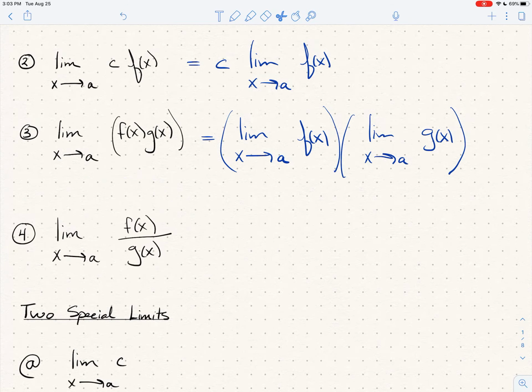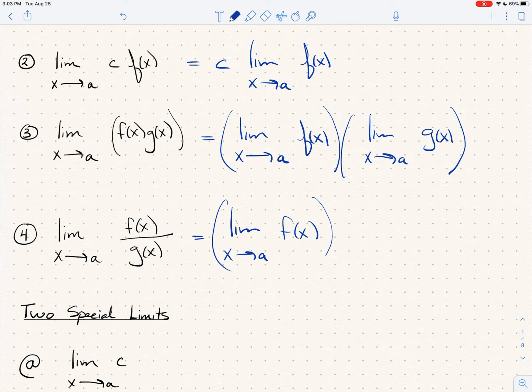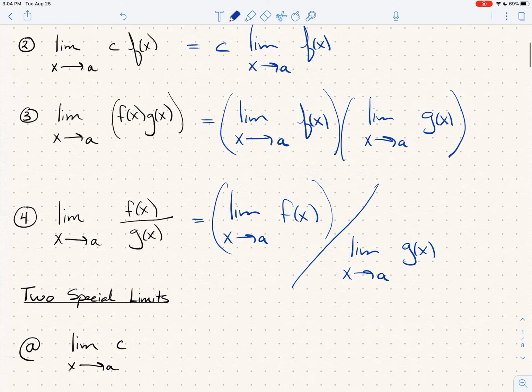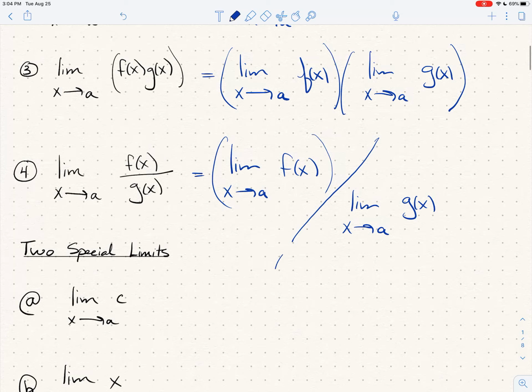Let's slide it down so we have a little bit more room. This is just the limit as x goes to a of the top, divided by the limit as x goes to a of the bottom. We are going to assume that the limit as x goes to a of g of x is not 0. We do have to add that assumption, otherwise we could divide by 0.